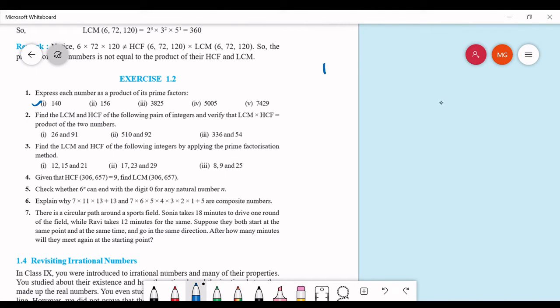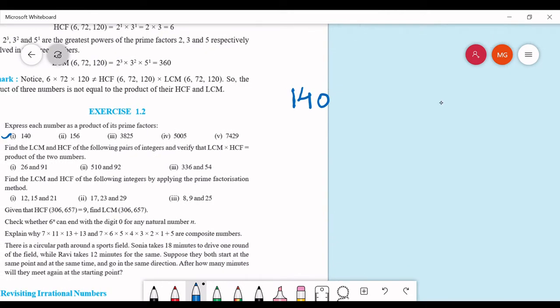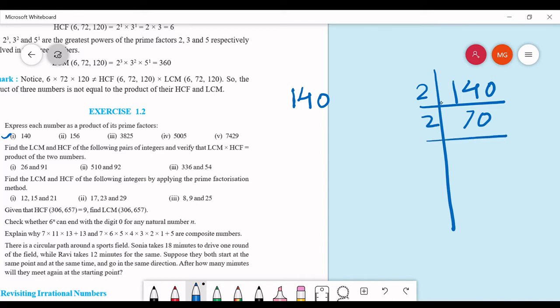So, your first one is 140, right? So you know how to solve this 140. I have already shared two methods to calculate prime factors, right? So the easiest method is like prime factorization method. So first of all, you'll take 2. So here you are getting 70. Then again 2, then 35.